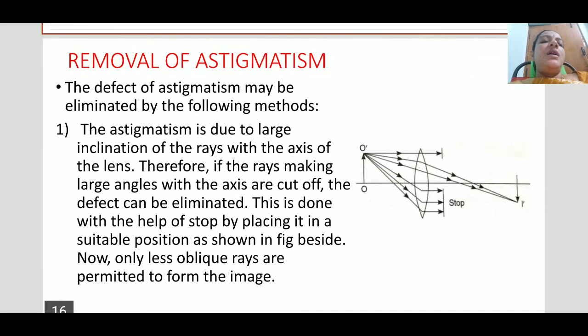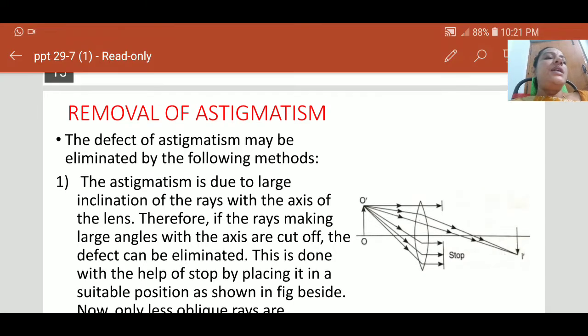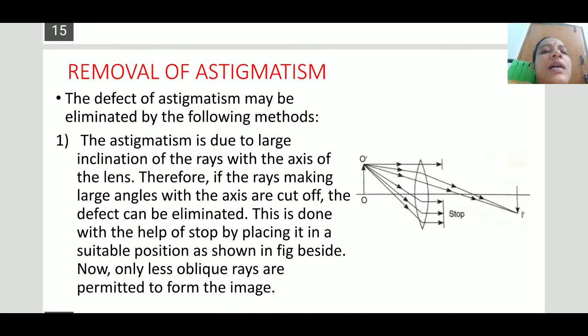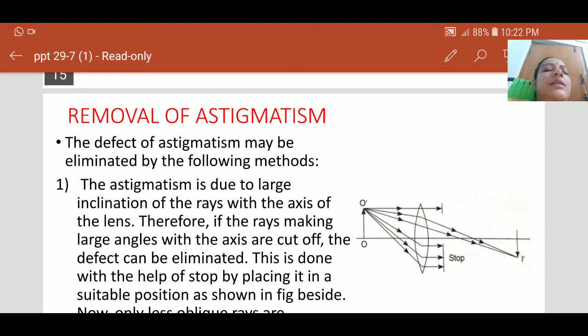This is astigmatism aberration. Next, after understanding this astigmatism, how do we remove it? Again, by using the first method, a stop.